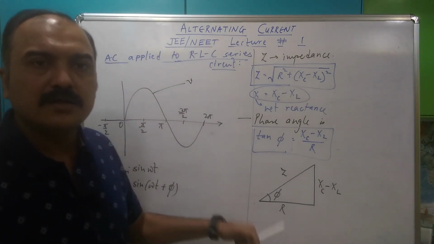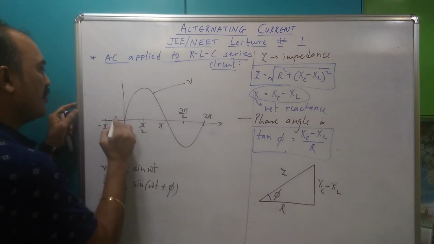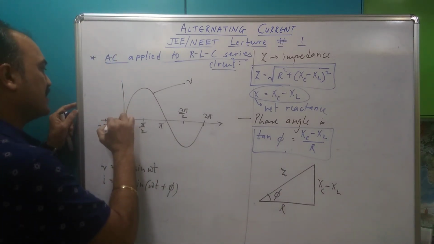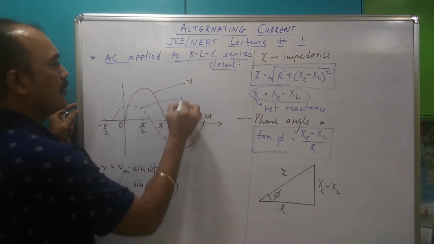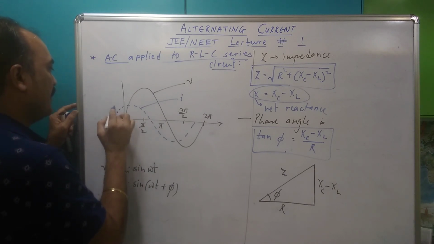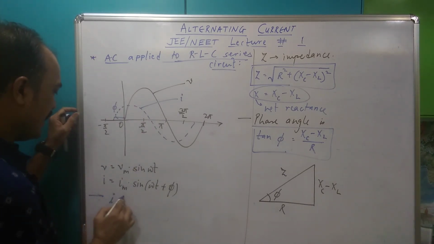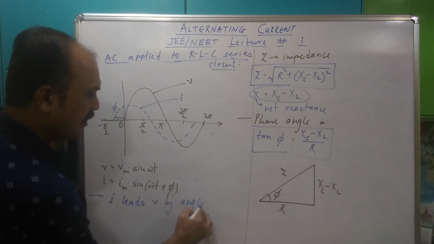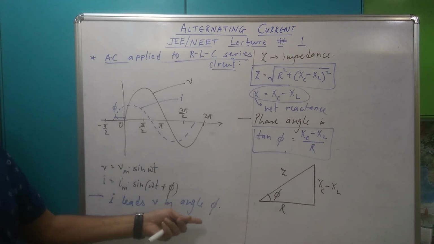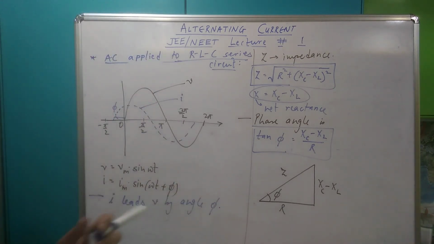This is an acute angle, between 0 and 90. So this is 0, this is 90, and somewhere in between, we start from here like this, and this is phi. So what would be our statement? I leads V by angle phi. This is how the graph moves out.